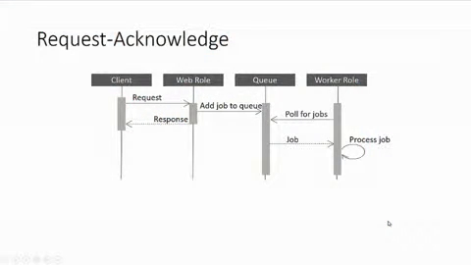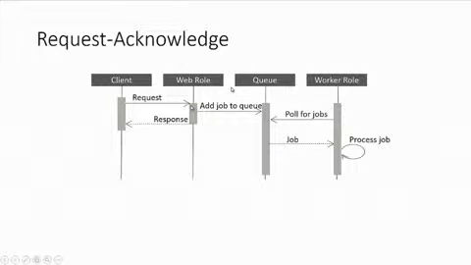Now let's look at the first pattern, which is the request acknowledge pattern. You can see from this swim lane diagram, it's really simple. This is basically a typical asynchronous pattern. The client creates a request and submits the request to my web role, which is my front end.